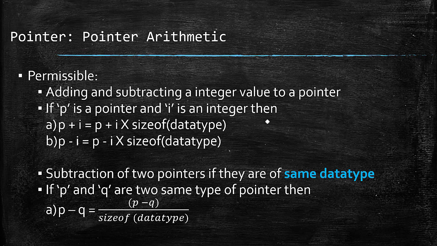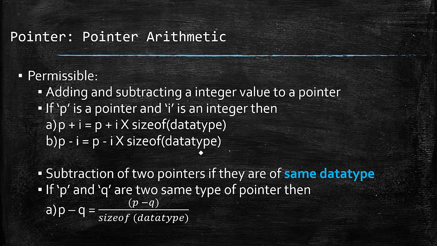So the final result P plus I will be P plus I into the size of the data type. If P is an integer pointer, then P plus I will be P plus I into the size of the integer, and that size of the integer will depend on the compiler. Similarly, if I am subtracting an integer value from the pointer, then it will be P minus I into the size of the data type.